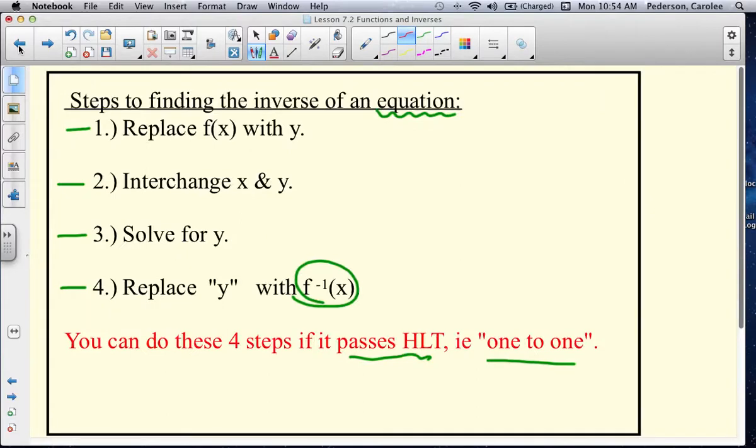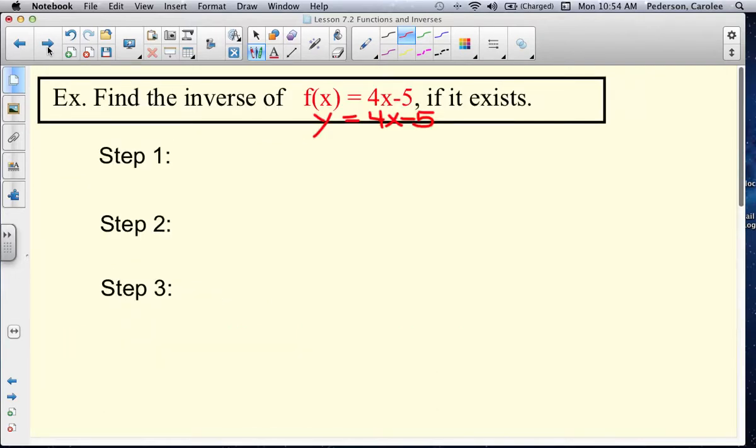So to review for a moment, step 1 is replace the function with y. Step 2 is to interchange x and y. Step 3 is to solve for y. And then step 4 is to replace y with f inverse. Okay, so step 1 we already did.